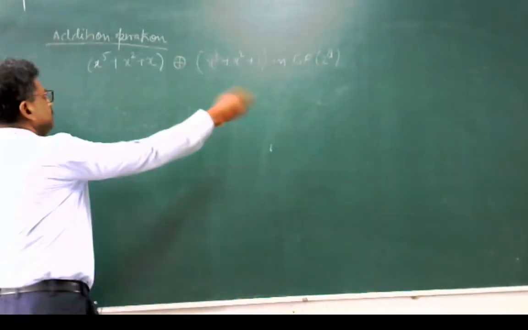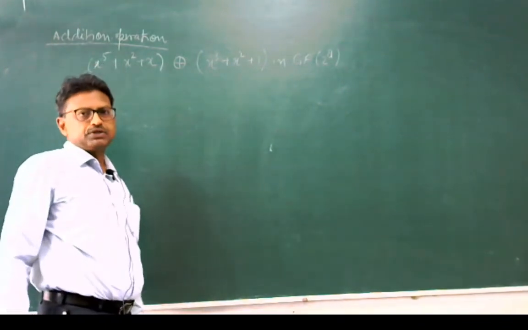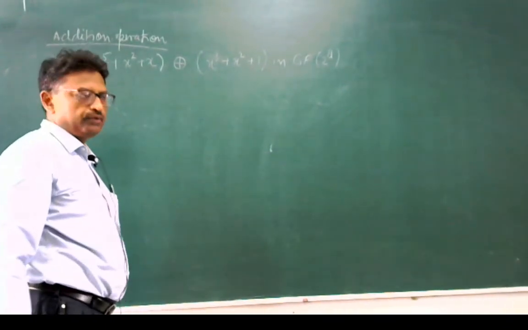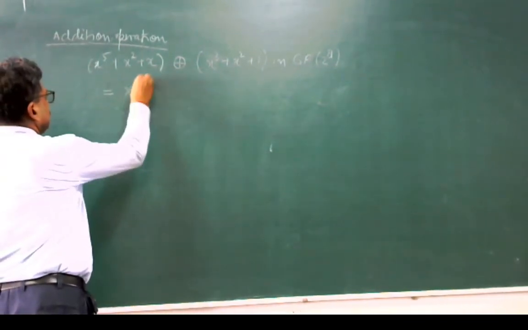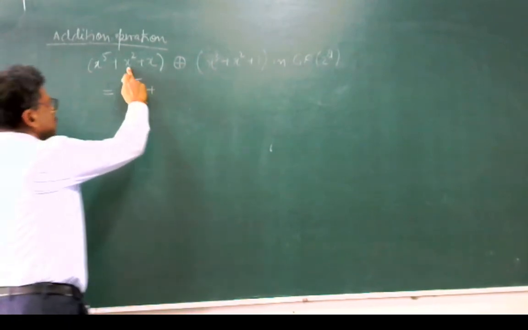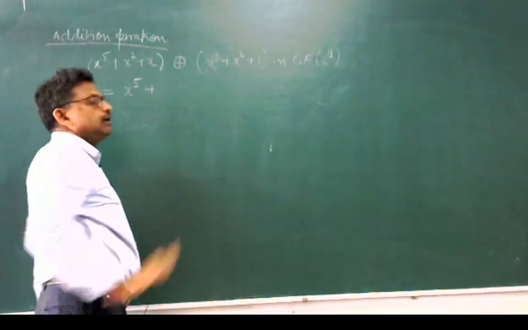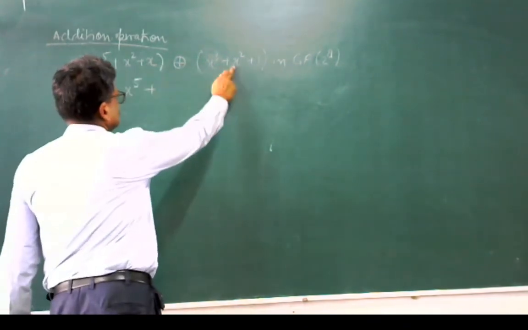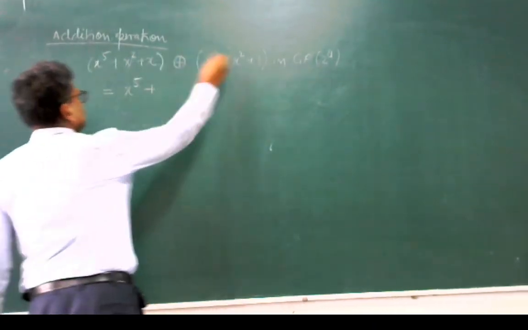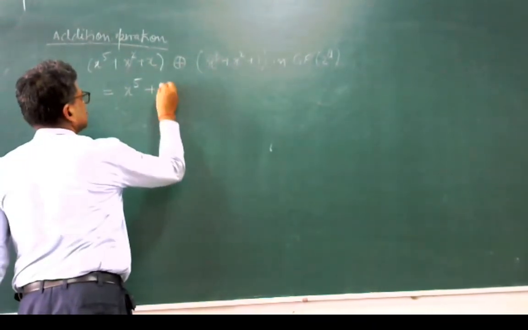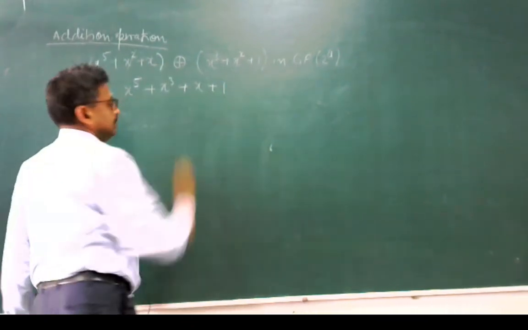XOR means if the polynomials have the same exponent, that term will be cancelled out, and we will have the remaining terms. So, this result will be equal to x^5 plus, now x^2 is there in both, and since this addition is an XOR operation, the same value gives 0. So, we cancel out these two and we are left with x^3, then x, and then plus 1.